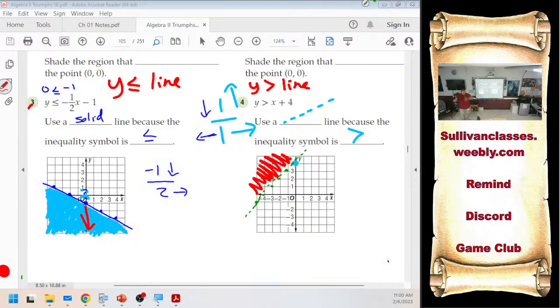When it says greater, I shade up. When it says less, I shade down. Number 1 was a little bit iffy because the slope on it was so steep. You go to the y-axis, where it hits the y-axis, and you shade up or down from that spot. Okay, it's a nice little cheater, even faster than plugging in 0, 0.